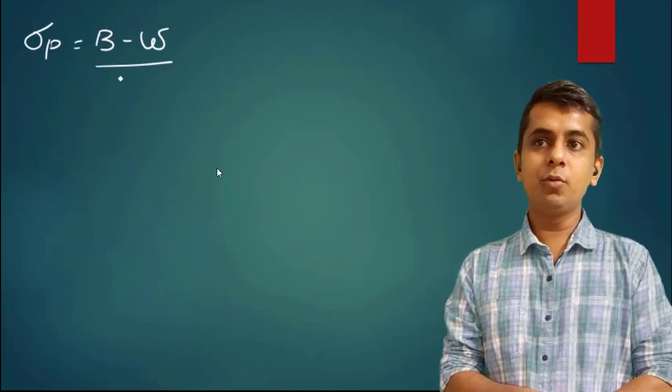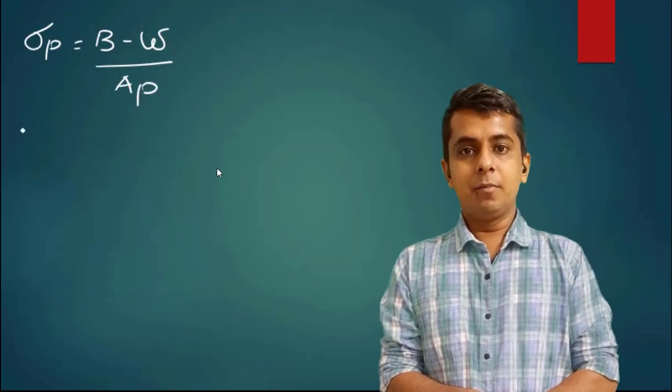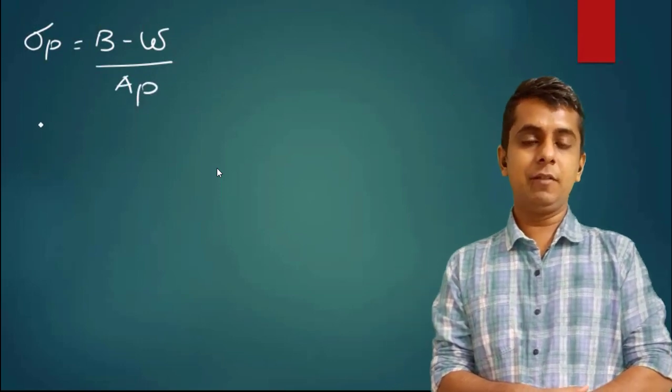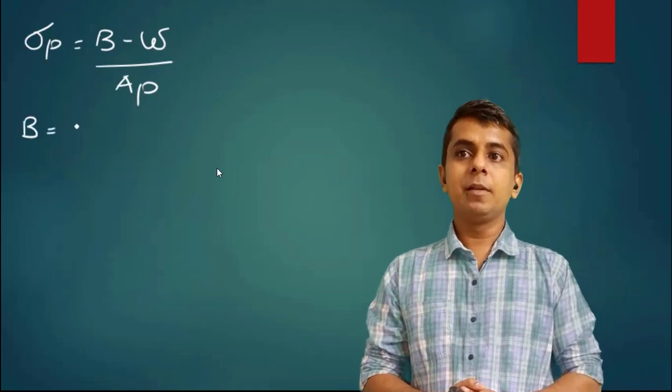Now the stress caused by the print on the mold, sigma P, is the buoyancy force minus weight force divided by the projected area of the print.